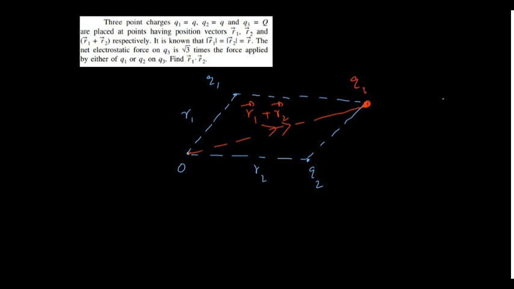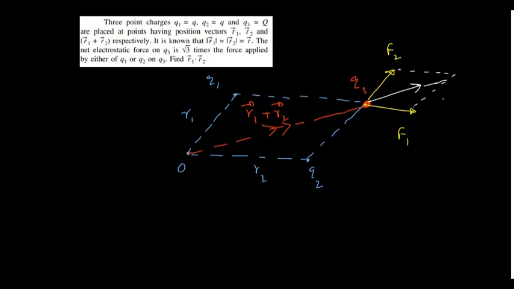Due to q2 on q3, the force is in that direction, so let us take f2. Due to q1, the force is in that direction, let us say this is f1. Because of this, the resultant force will be in this direction, again by the parallelogram law. So now can I calculate this resultant force?